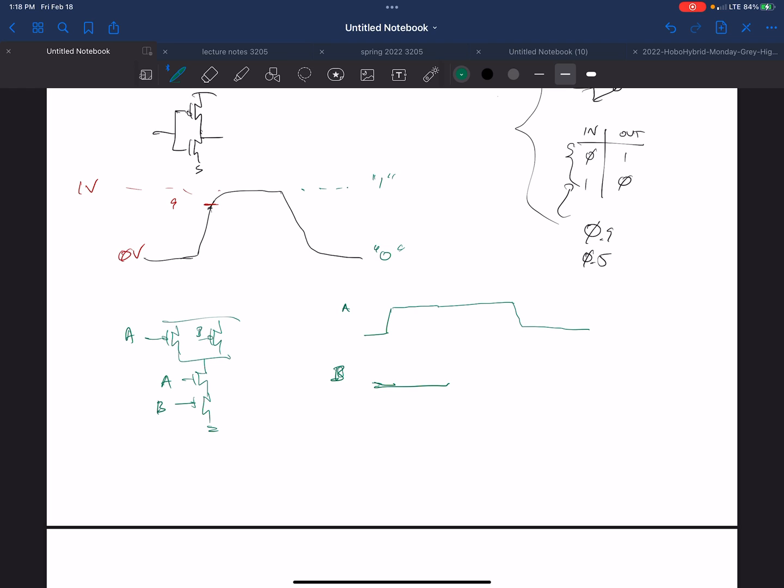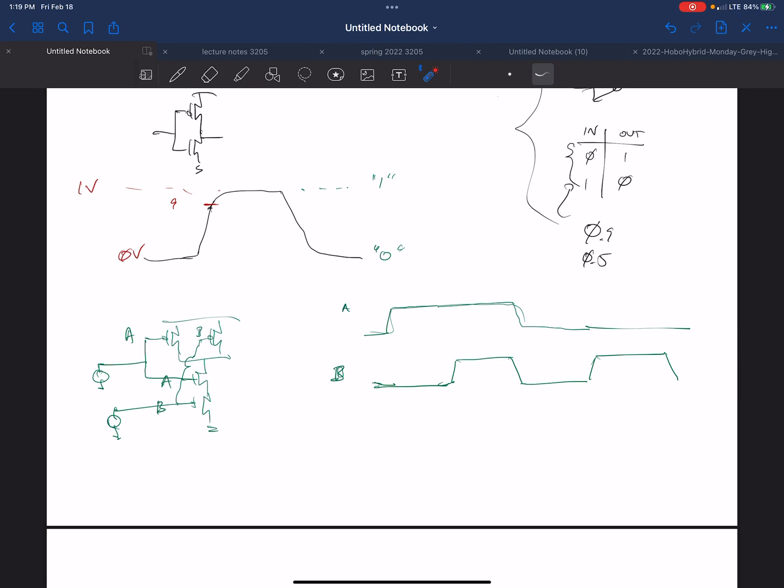What would I do here? I'd do something like this. So if I had two voltage sources going to A and B, with A doing this and B doing this.